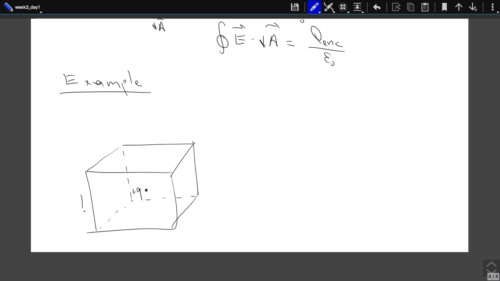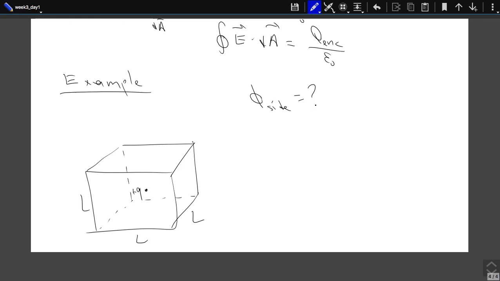This is L, this is L, this is L. This is a cube. And we want to find the flux on each side. Would you be happy with this example?